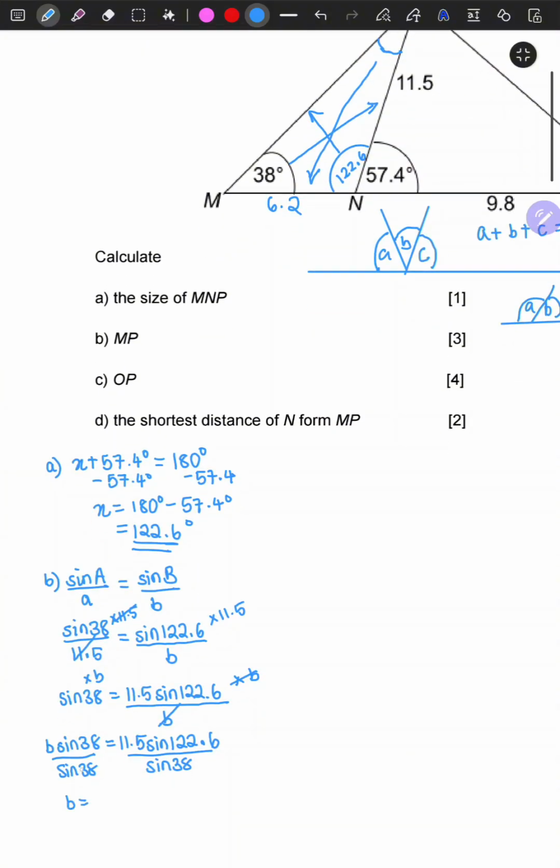So B is equal to 11.5 sine 122.6 over sine 38.